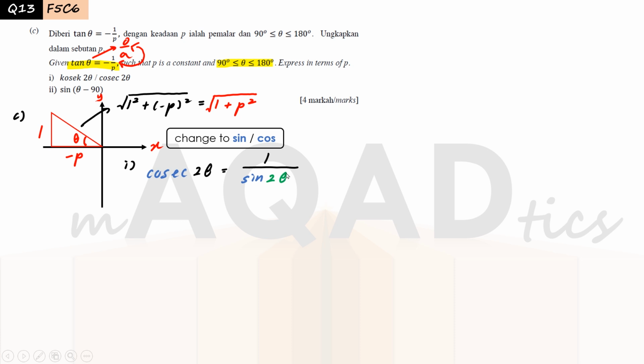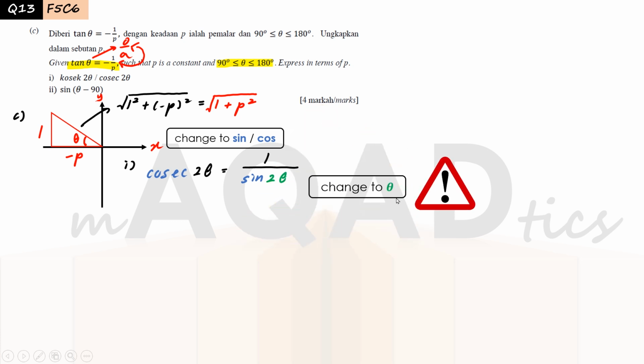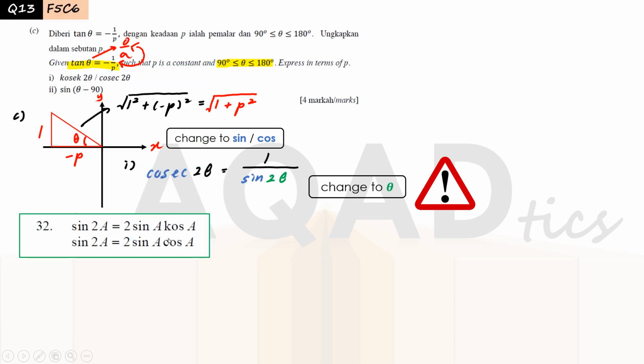And for the 2 theta here, I would recommend changing to theta first, because the angle in this diagram is theta, so I'm going to change all the weird thetas to just theta only. We have a formula to change sine 2 theta, which is 2 sine theta cos theta. So now you can see all are theta.